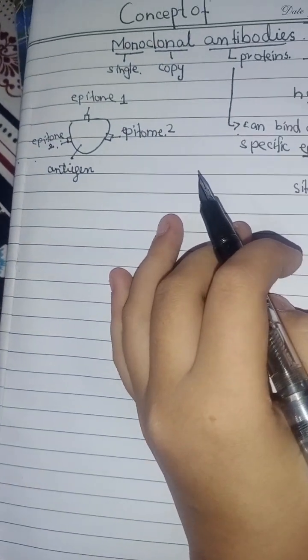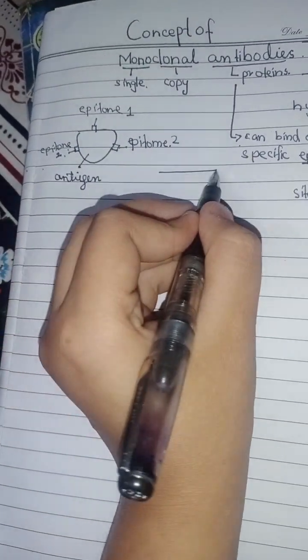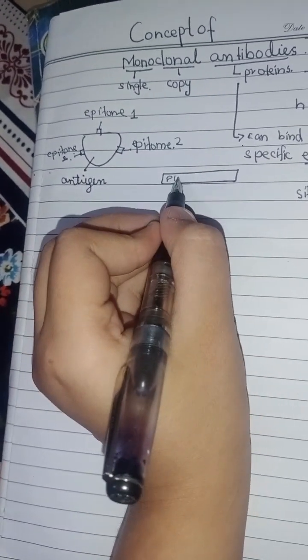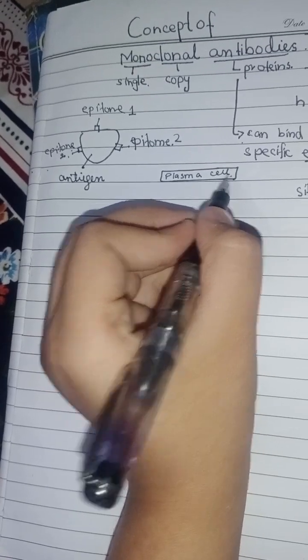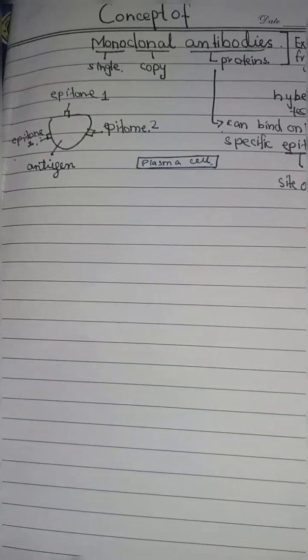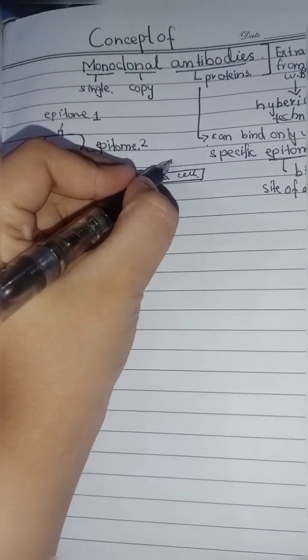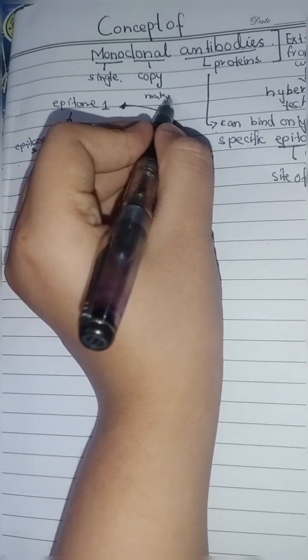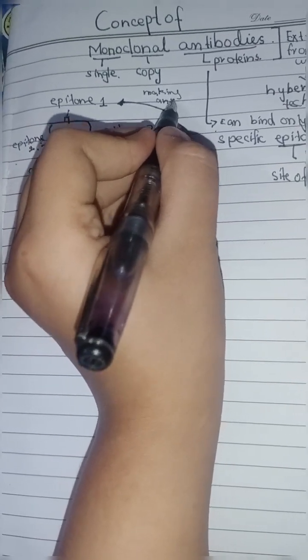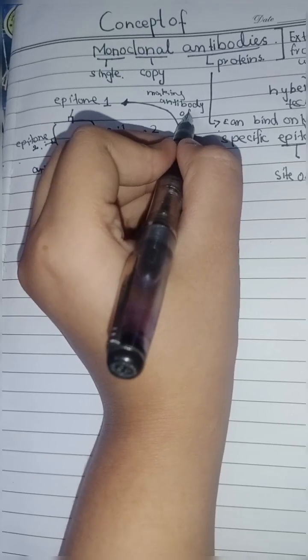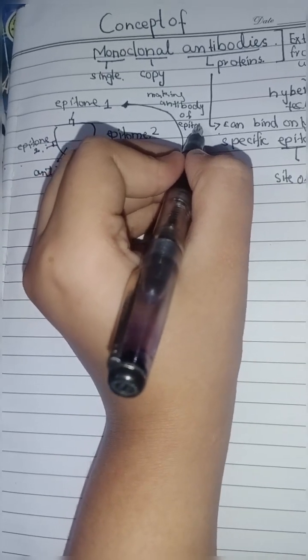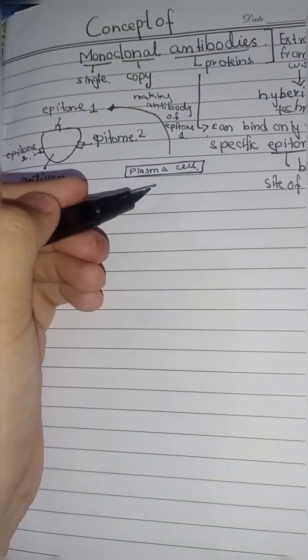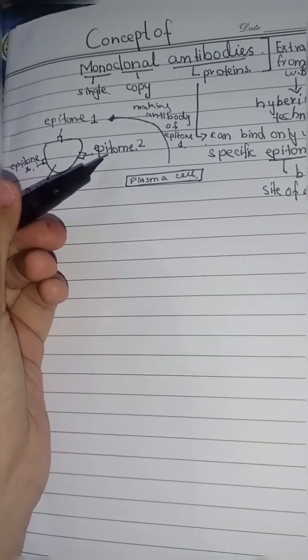Now what will happen here? We have one plasma cell. Suppose this plasma cell is making the antibody of epitope 1. This plasma cell will not make another antibody for epitope 2.